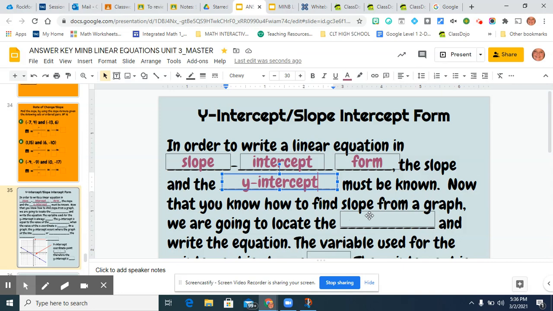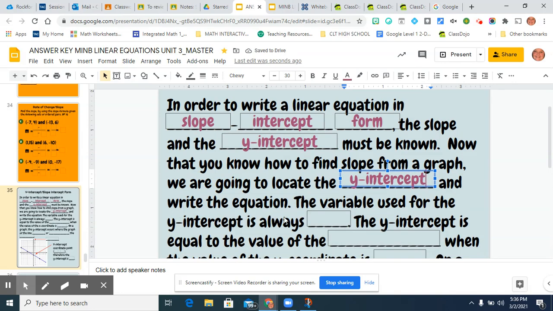So now that you know how to find the slope from a graph, we're going to locate the y-intercept and write the equation. The variable used for the y-intercept is always b. If you remember, the variable we always use for slope is m, and the variable for y-intercept is b.